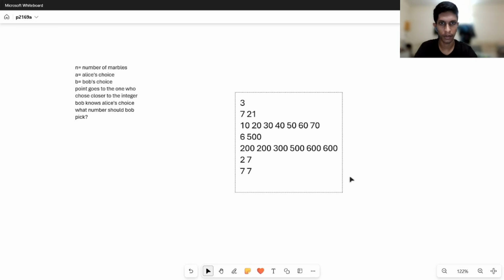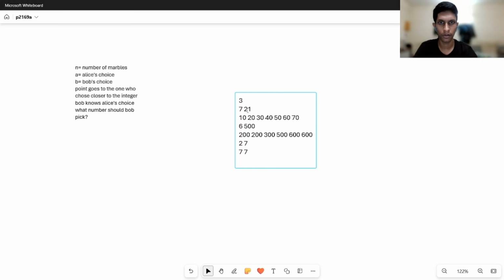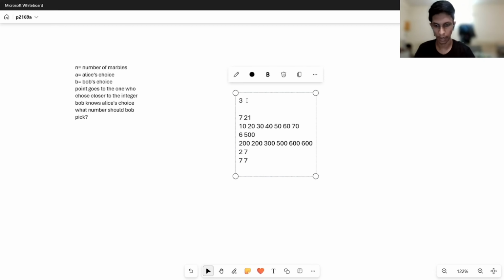This is the first test case. This is n and this is a. In this first test case, n is the number of marbles, which is 7, and a is the number chosen by Alice. In this case, Alice has chosen 21.